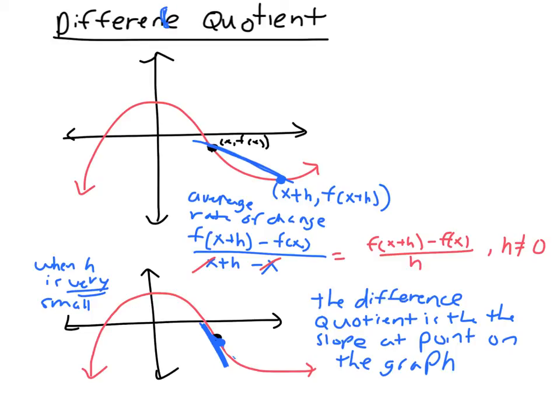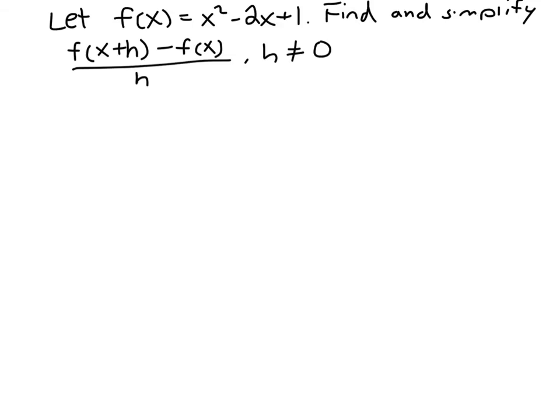Alright, so now let's do an example. In this example, we have a function, and we're basically going to find and simplify the difference quotient. To do this, first I'm going to plug in x plus h into the function, minus 2 times x plus h.